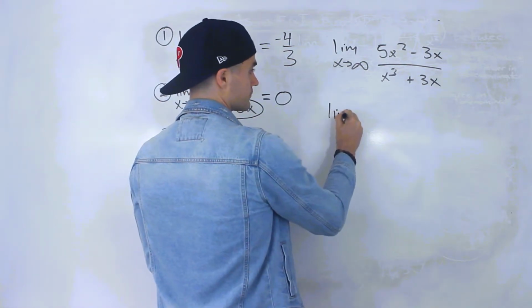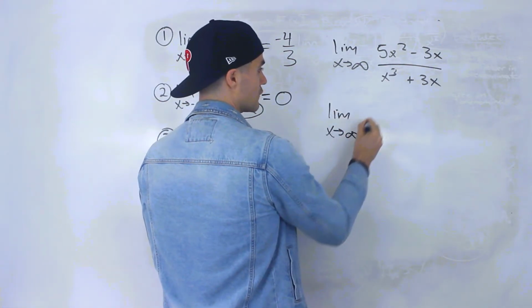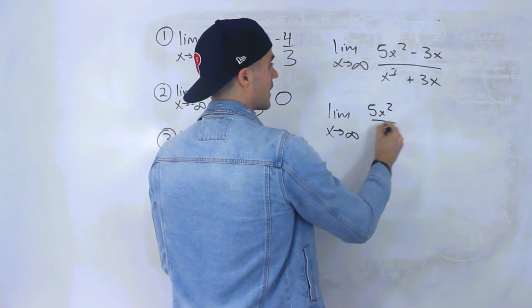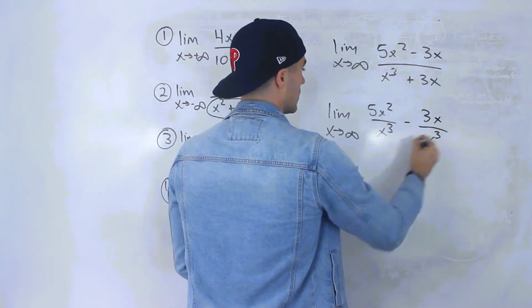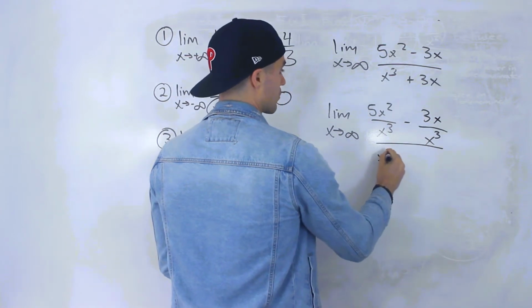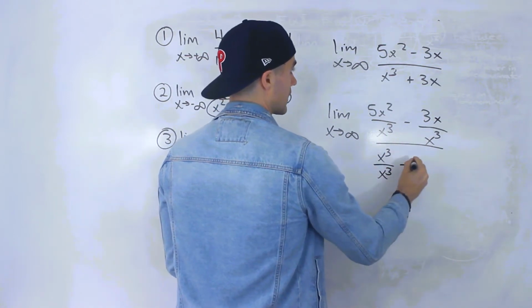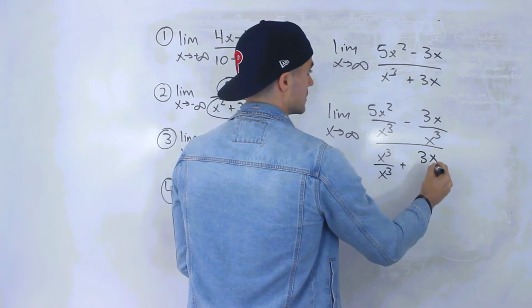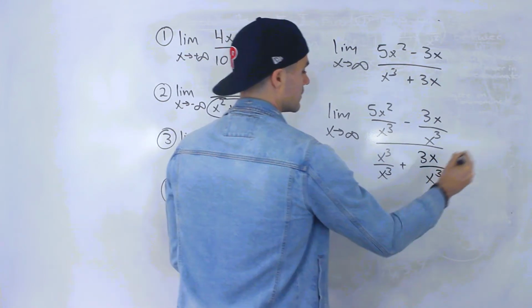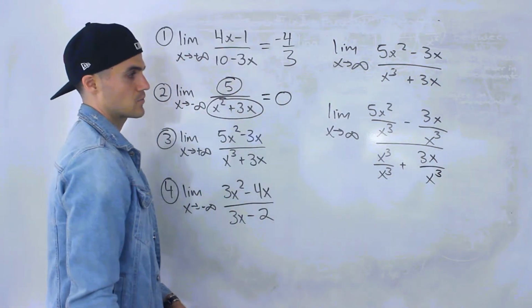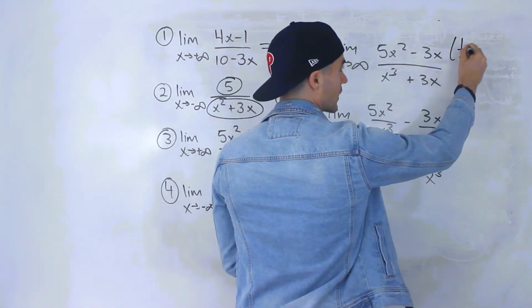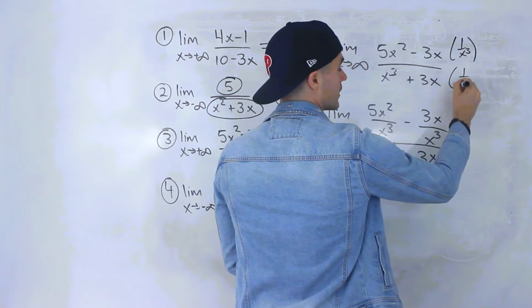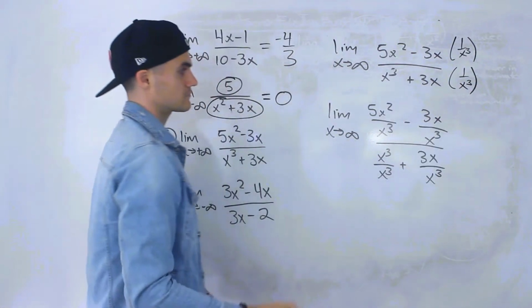So I'm going to take 5x squared divided by x to the power 3, 3x divided by x to the power 3, x to the power 3 divided by x to the power 3, and then 3x divided by x to the power 3 as well. Which is the same as taking all of this and multiplying it by 1 over x to the 3.